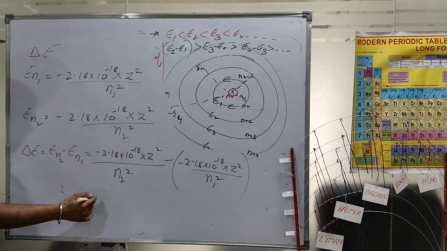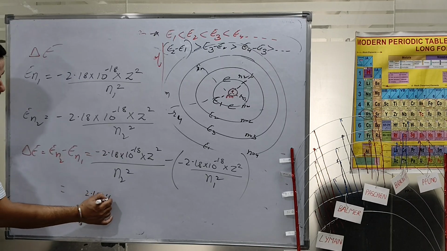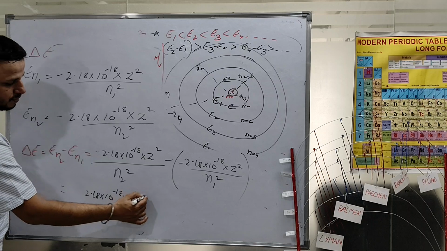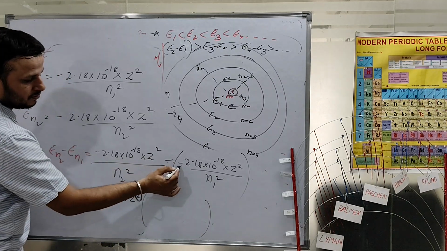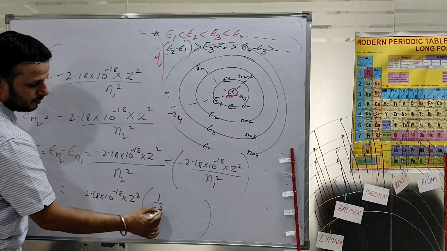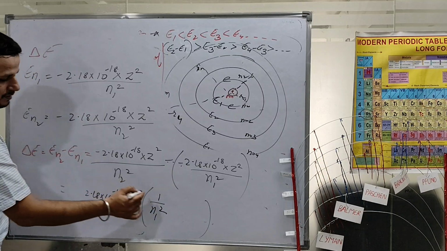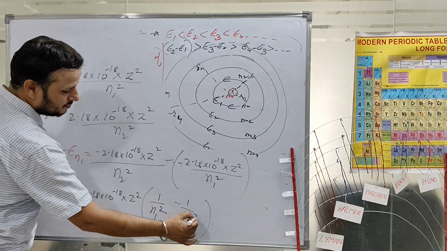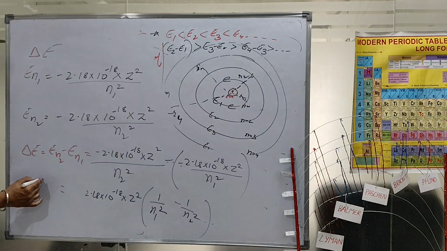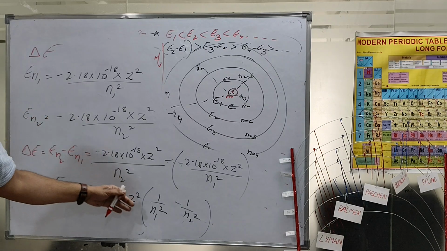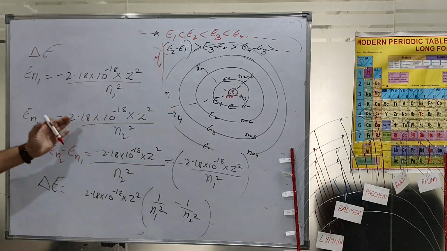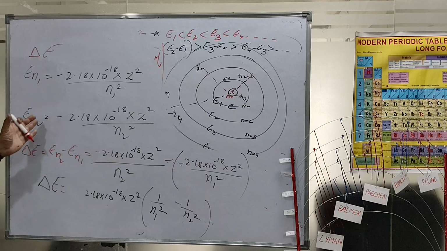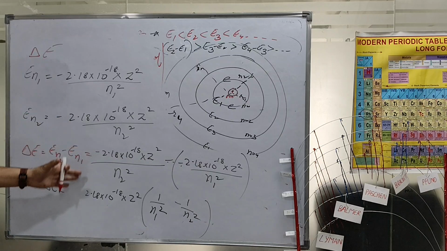Taking 2.18 into 10⁻¹⁸ into Z square as common, and the minus minus will become plus, so 1 by n1 square minus 1 by n2 square is equal to delta E. When the electron goes from third to second, or third to first, what is the energy during the emission?